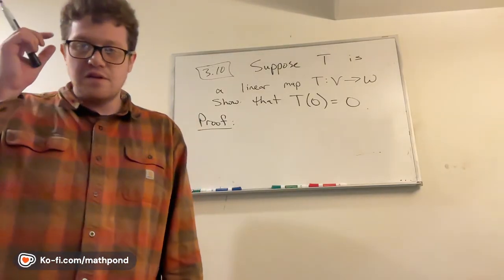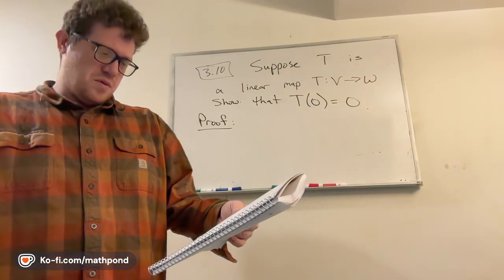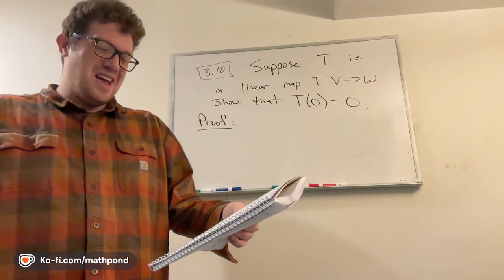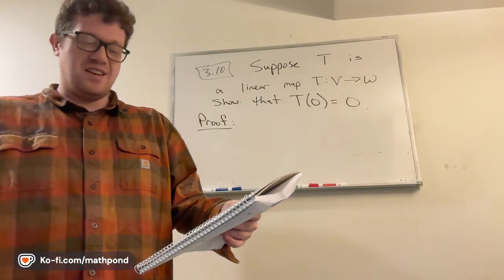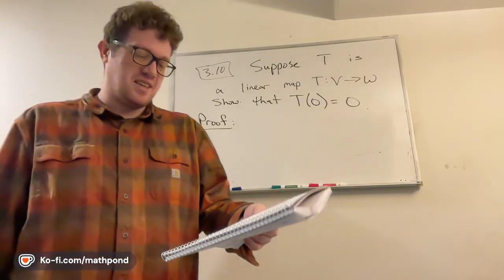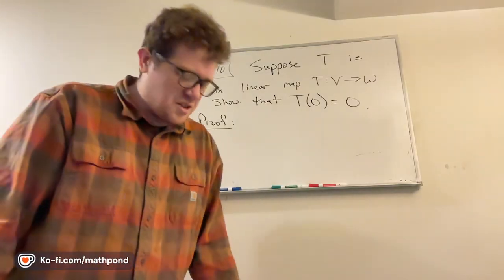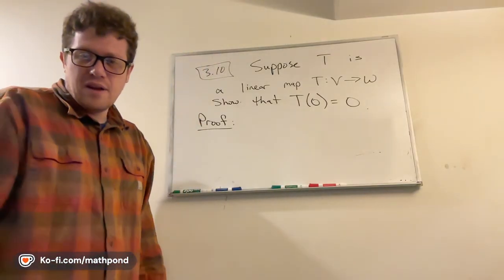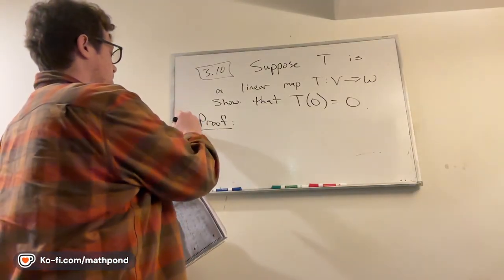For some reason, I wrote T of 0 is T of V minus V, and then I split it that way, which I think is technically still right, but unnecessary. So let's do it that way. We'll do it both ways actually. So we'll say this is proof 1.